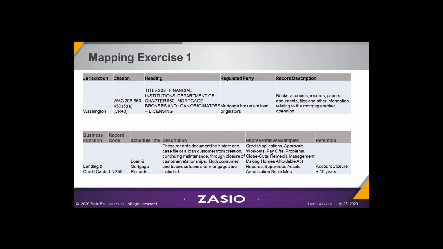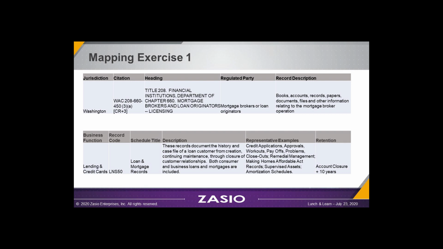But then I see that within the description, the schedule title says loan and mortgage records, and within our retention schedule we have these records that document the history, case file of a loan customer from creation, etc. And I see the examples; this really goes to those specific types of records that would relate to this citation as well.